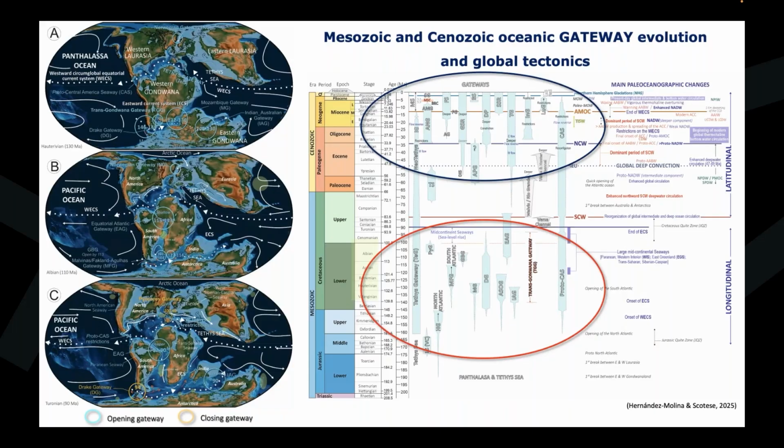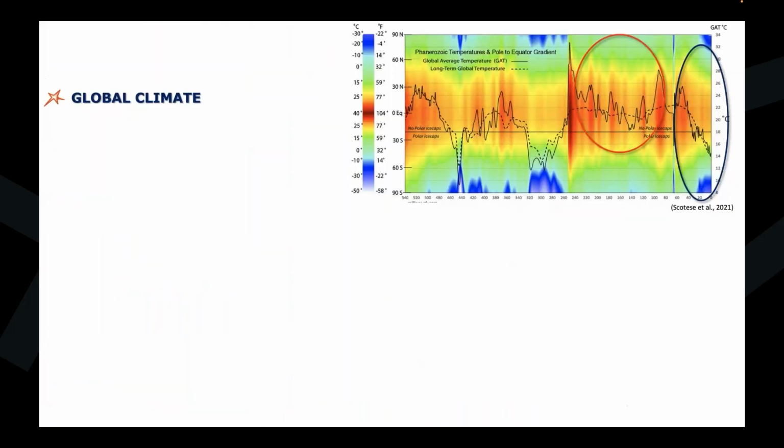And this is very important, not just because, as I said, of the onset of new water masses or changes in the stratification. This is very important because that was one of the factors controlling the global climatic conditions on our planet. Here you can see that the first period is mainly affecting the warming condition in the Cretaceous.